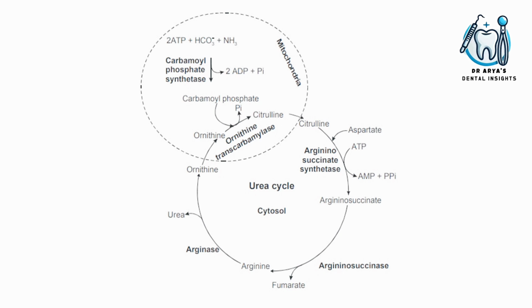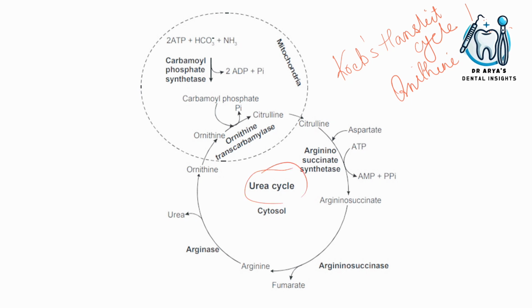So this is the urea cycle, otherwise known as Krebs-Henseleit cycle or ornithine cycle. Okay. And this cycle occurs in both cytosol or cytoplasm and mitochondria.